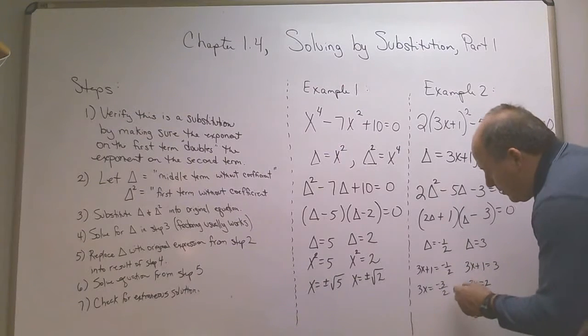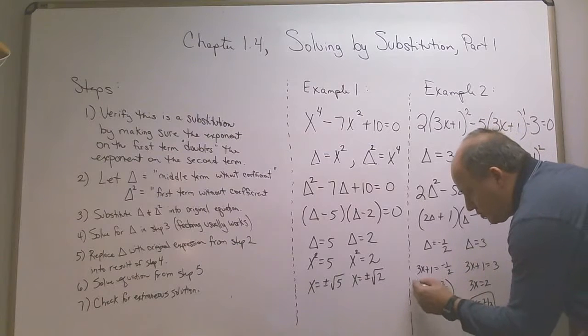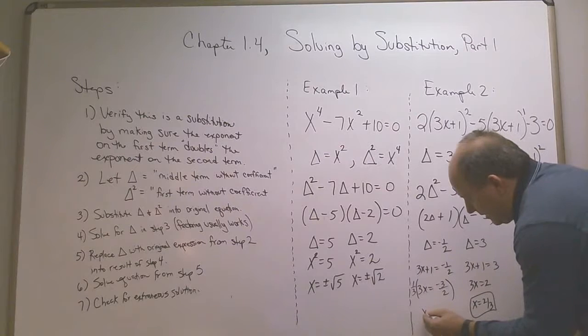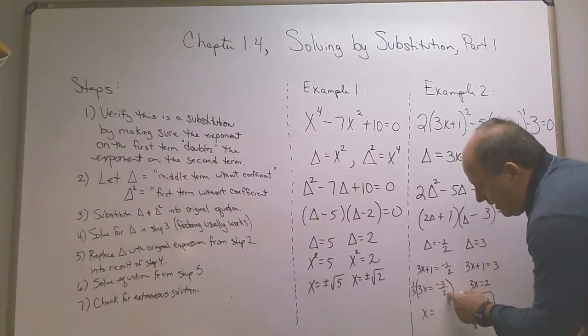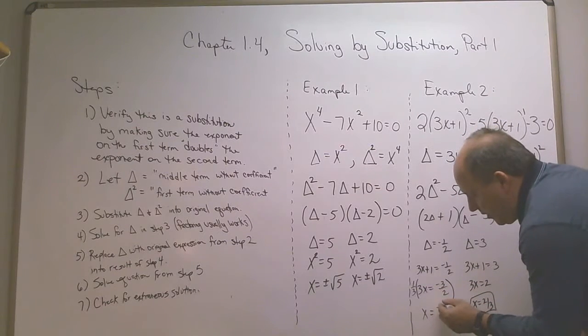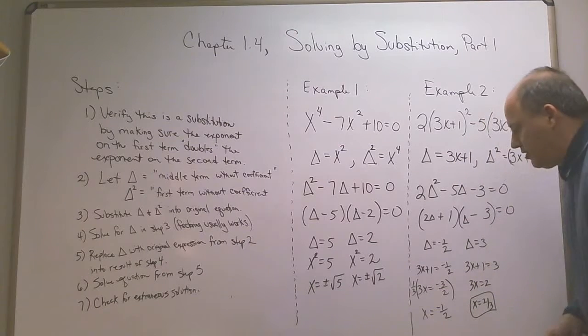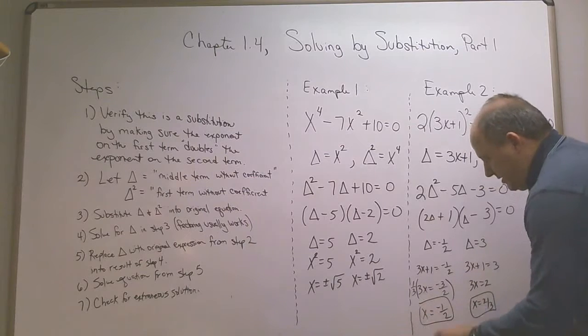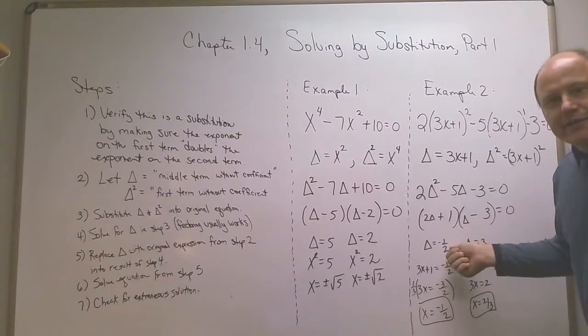If you multiply both sides by 1/3, it'll cancel these 3's out. So x equals negative 3/2 times 1/3, which is negative 1/2. So x is negative 1/2, which is coincidental that the delta was negative 1/2.